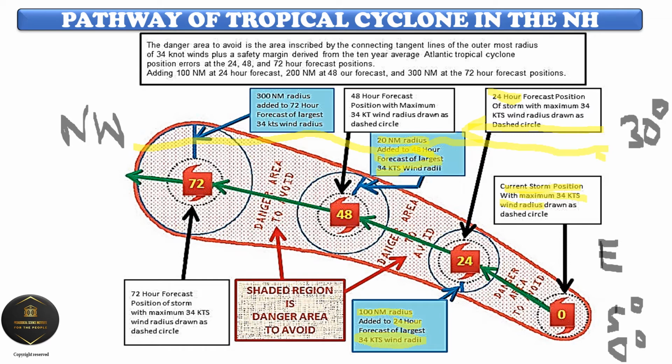And looking at it at 48 hours, that's the position again of the system. If you look at 300, we have a 300 radii, and that's 72 hours. And we see that again we have now the largest radii. If you look at it, it's quite expanded even more, and it means the system will affect a greater region.